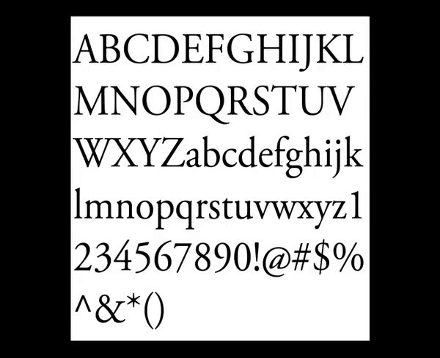A type style is a variant version of an individual font in a font family. Typically, the Roman or plain member of a font family is the base font, which may include type styles such as regular, bold, semi-bold, italic and bold italic.